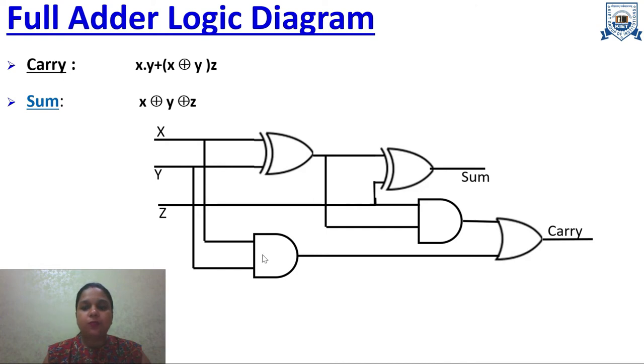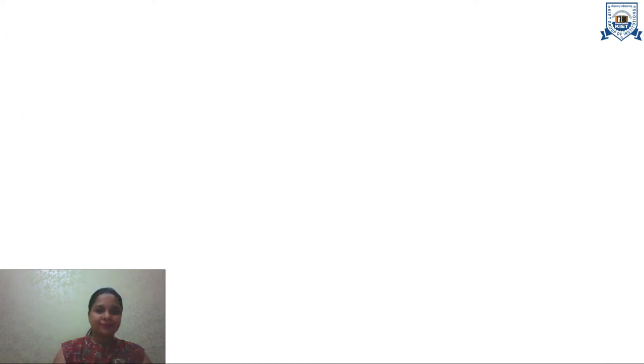Now these both outputs are then added. So the output will be x dot y plus (x XOR y) dot z. So the carry will be evaluated in this logic diagram. So this was the full adder, where we can add 3 inputs and produce the sum and carry.